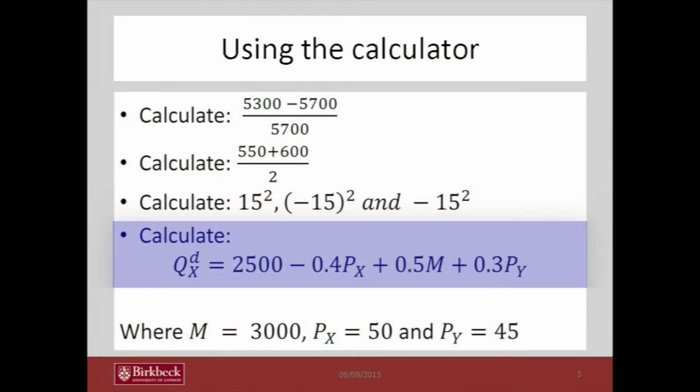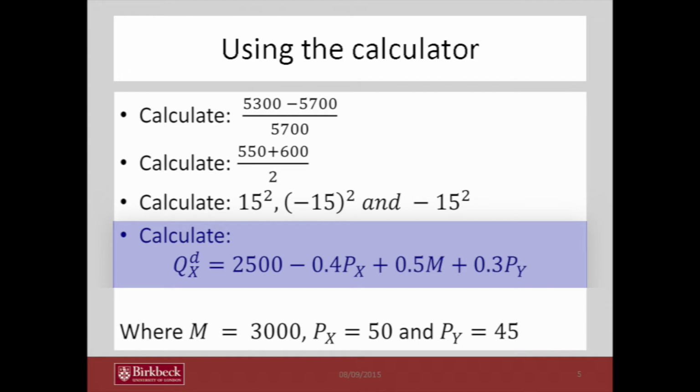And then in the last question, in the last calculation, QXD equals 2,500 minus 0.4 PX plus 0.5 M plus 0.3 PY. Now, before I go into the calculations, one thing that you need to be really familiar with is what these specific letter combinations actually mean in economics.